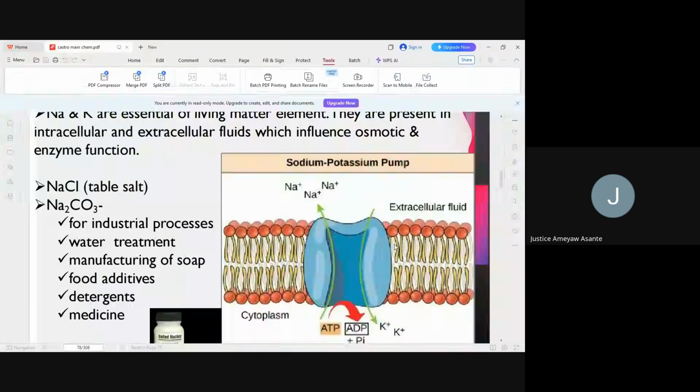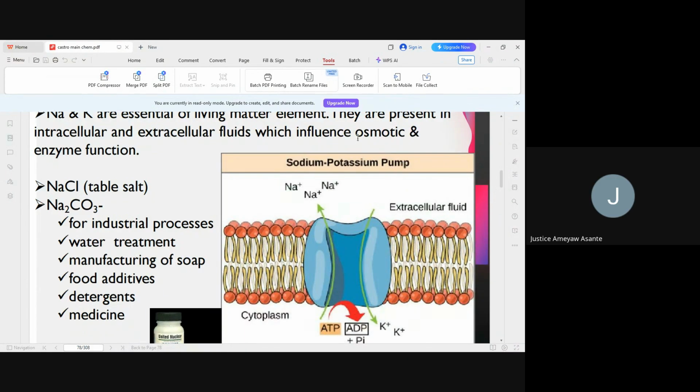So this illustration is telling us about this exchange. Here is the sodium-potassium pump. We have the cytoplasm, we have the ATP for the movement, then we have the extracellular fluid. The exchange of these minerals is influenced by the enzyme, and the function of this area is a result of the osmosis being experienced here.